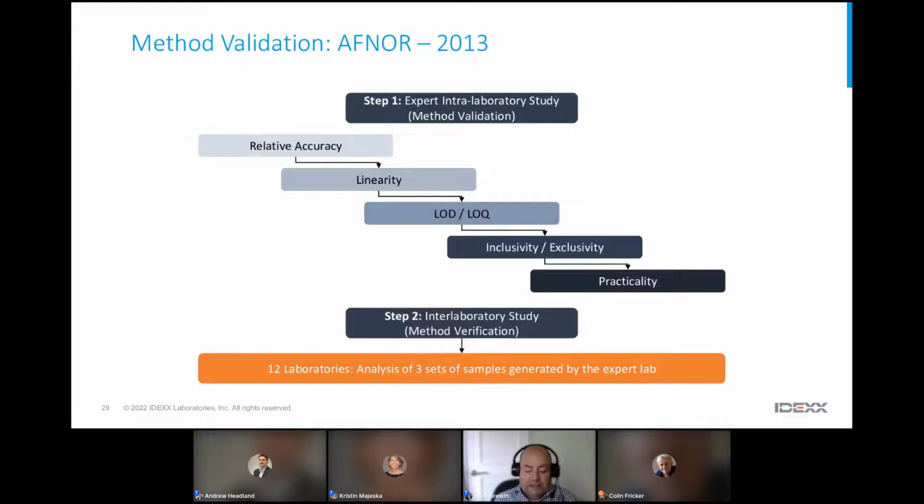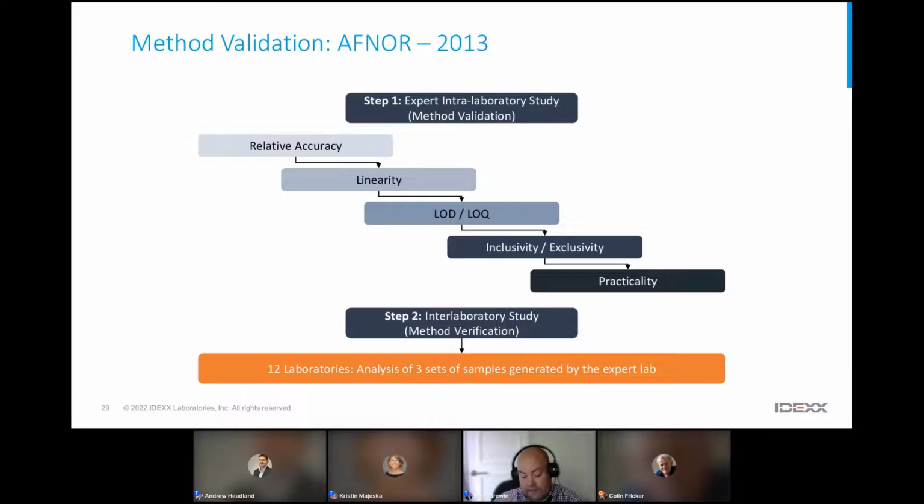And there they define various categorical performance characteristics, things such as relative accuracy, linearity, limit of detection and quantification, inclusivity, so that's looking for your desired target, and exclusivity, that's your non-targets. And these define the performance of the Enterolert DW method itself.